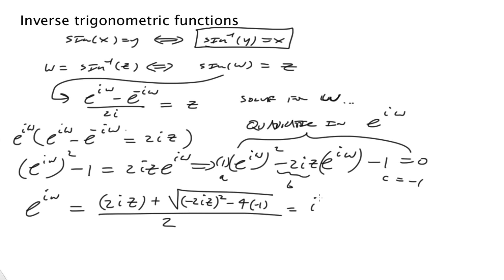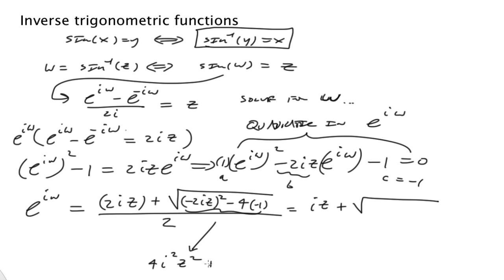Okay, so let's see if we can rewrite that. That becomes an iz plus, and we see here there's a common factor. Let's multiply it out. There's a 4, and there's also a 4 here. Those 4s come out and cancel with that 2. So we're left with, and I'm going to do this little calculation down there just to help everyone out. That becomes a 4, then I see an i squared, and then I see a z squared.